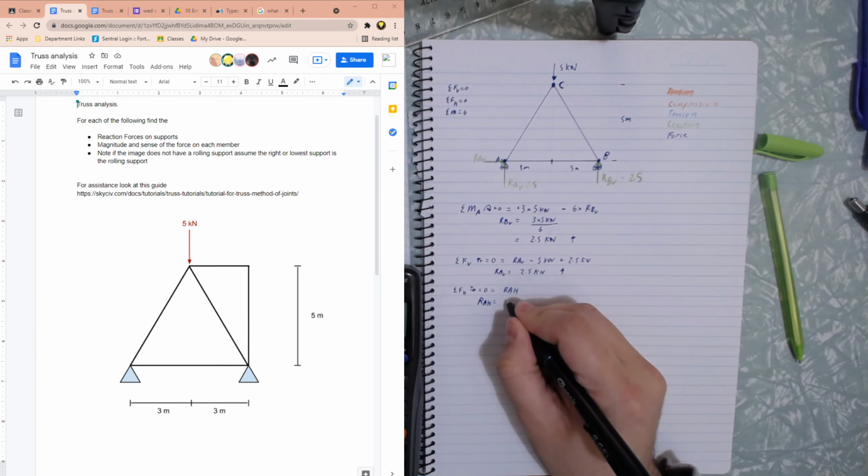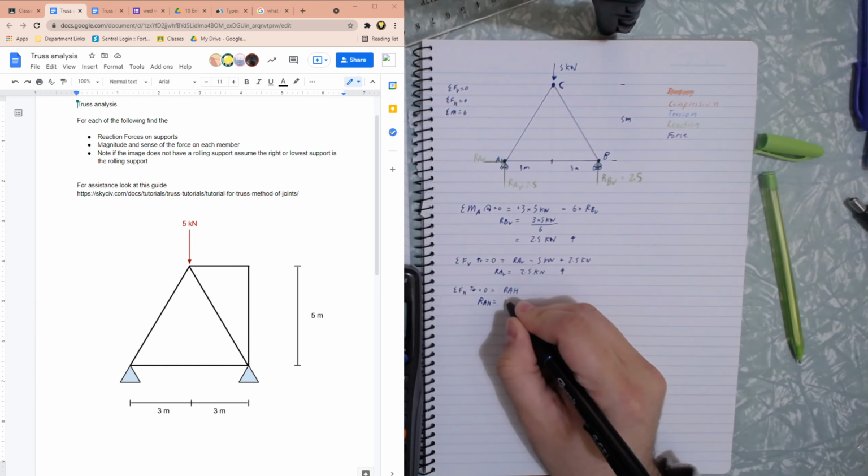Okay, now let's go through the next scenario where we do sum of all forces horizontal equals 0. So now we want to do all our horizontal forces. Well, this has nothing in the horizontal. We have this over here, and I believe this is force AB. We are going to say minus FAB plus this horizontal force over here, which is cos 59 degrees times our force BC, so times 2.9.